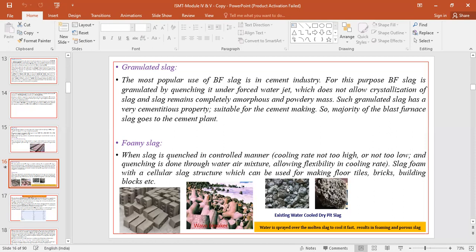Even in the construction area, these blast furnace slags are used in place of pebbles.